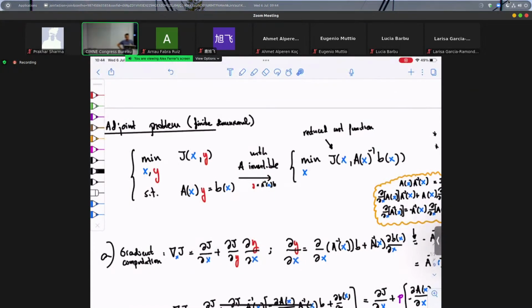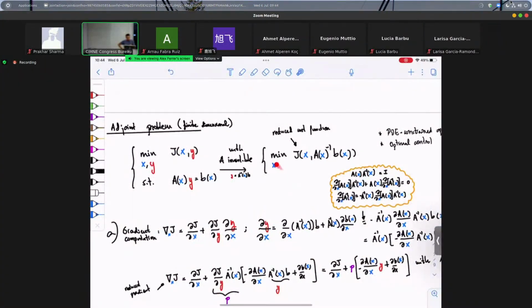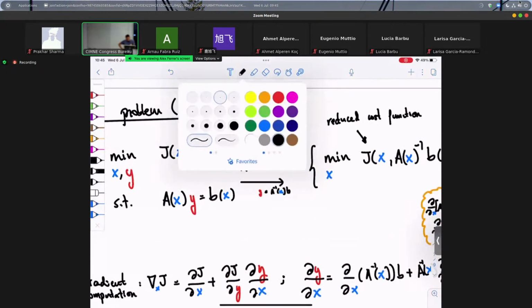So what people do typically is a reduced cost function, or reduced formulation of the problem. What does it mean? Here you have x, y as unknowns, and I didn't put it, but in fact, what do we have if we have a constraint?